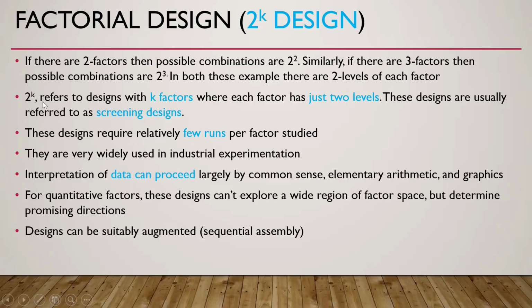So a 2 to the power k design refers to a design with k factors where each factor has just 2 levels. These designs are usually referred to as screening designs. These designs require relatively few runs per factor studied. They are very widely used in industrial experimentation.